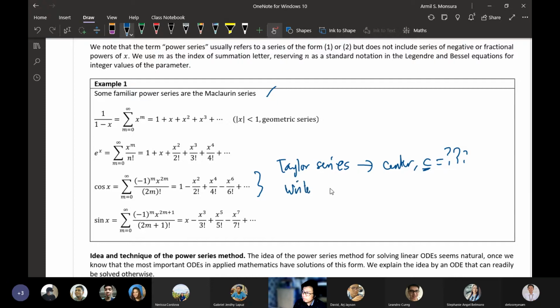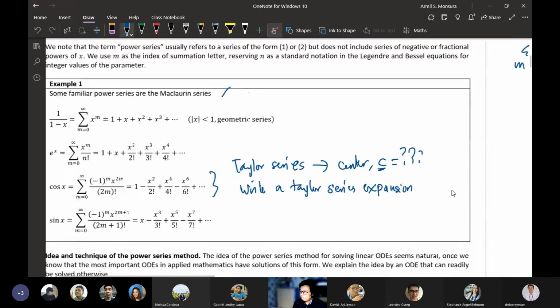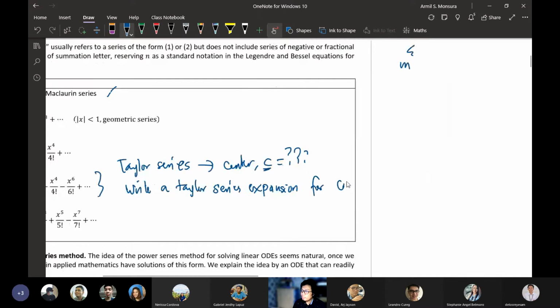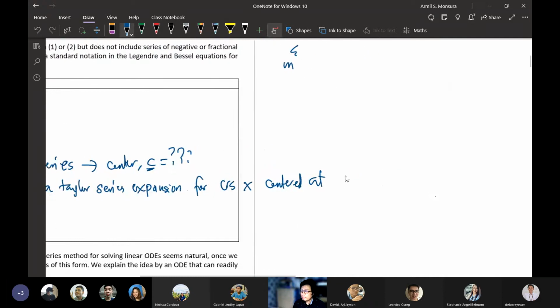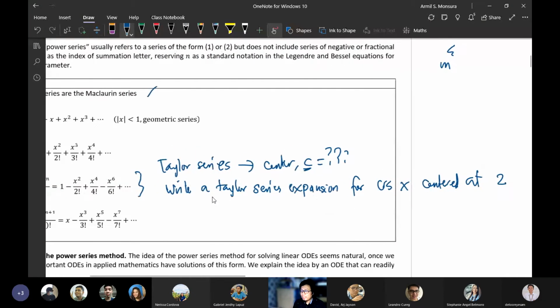Write a Taylor series expansion for cosine of x centered at, sabihin natin, 2, halimbawa lang.